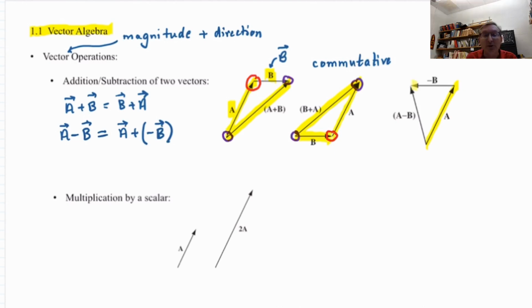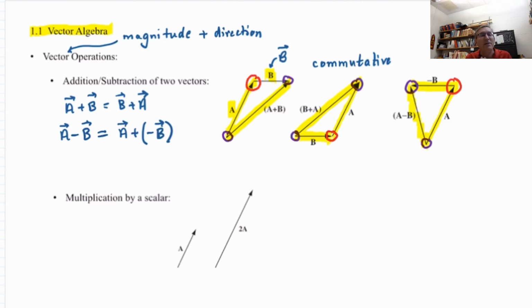Just reverse the direction of B, and you have negative B. Now, A and negative B are tail to tip, and now add A with negative B. So, draw an arrow from the tail of the first to the tip of the second. And you've constructed A minus B instead of A plus B. So there's A minus B. And you'll note that that arrow is not the same as the A plus B arrow. So adding the vectors, subtracting the vectors, gives different answers.